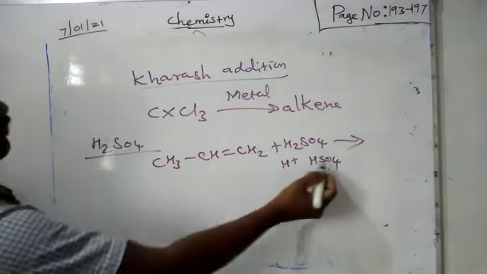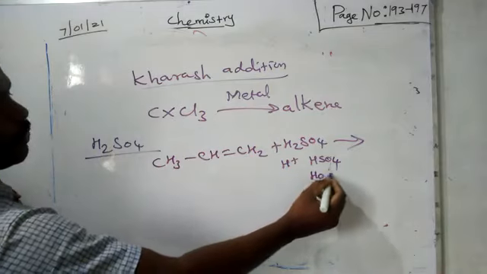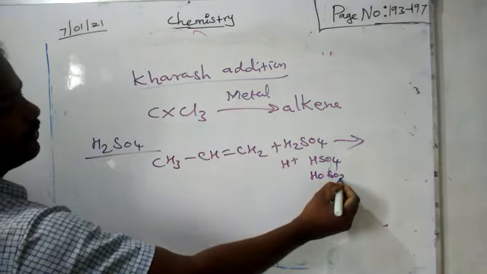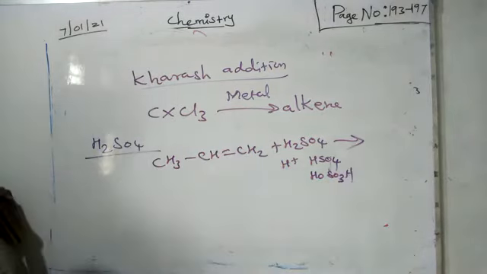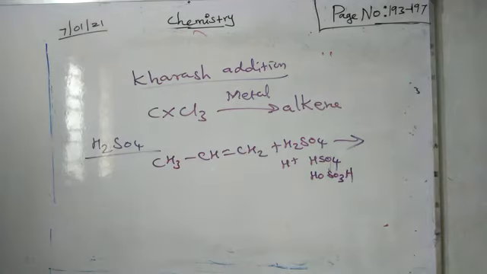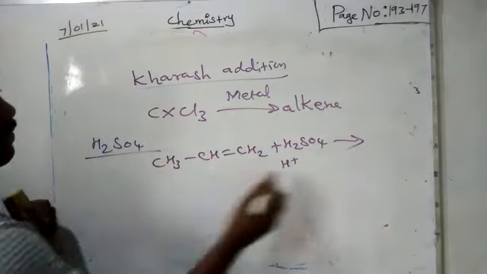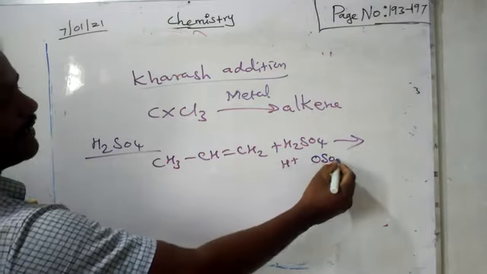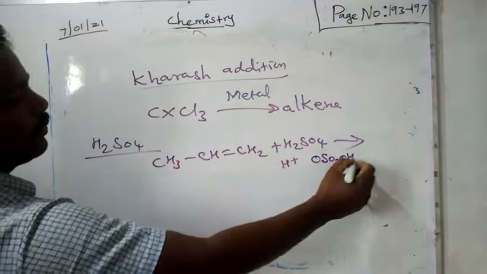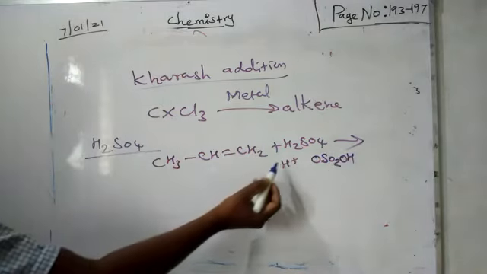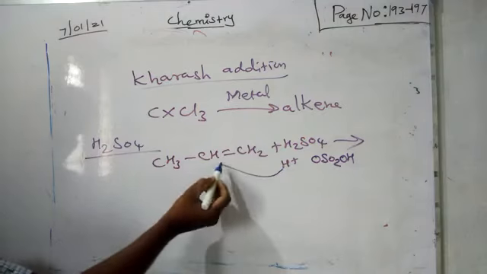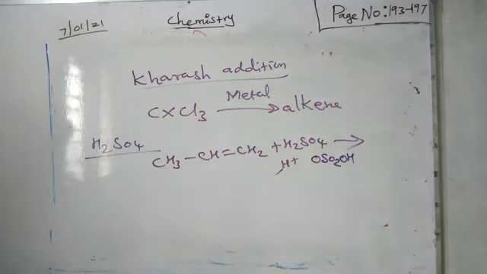That HSO4 you could write as HOSO3H, or simply you can write HSO4. See, in our book, OSO2OH is given like that. We can go as per the book, OSO2OH. Now H plus will be added to the CH2 group.